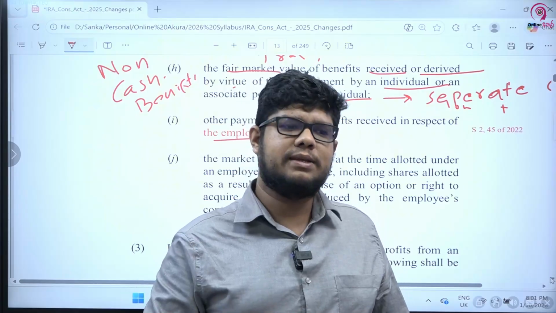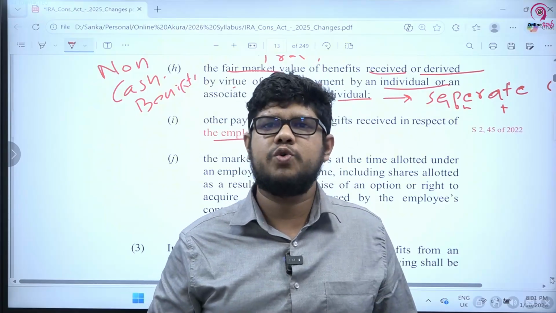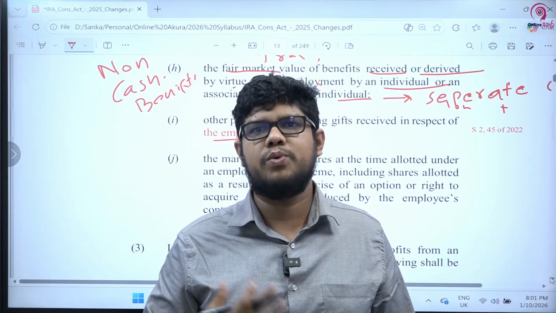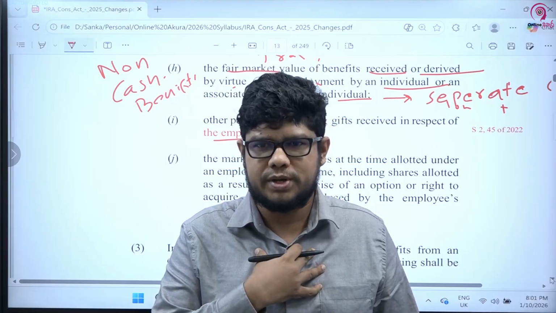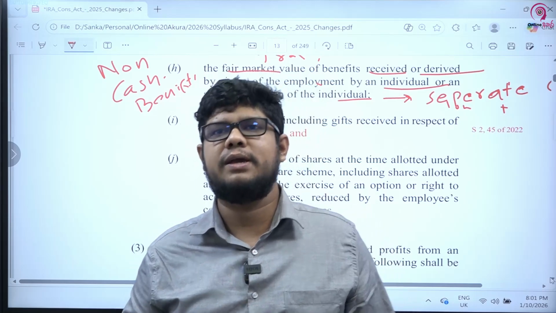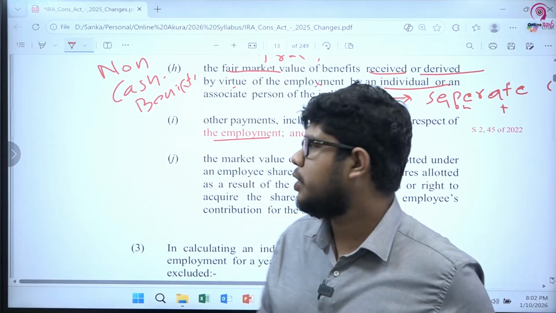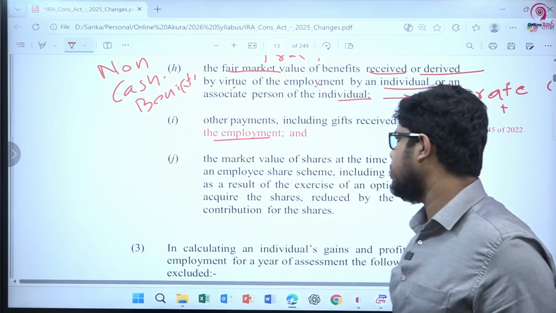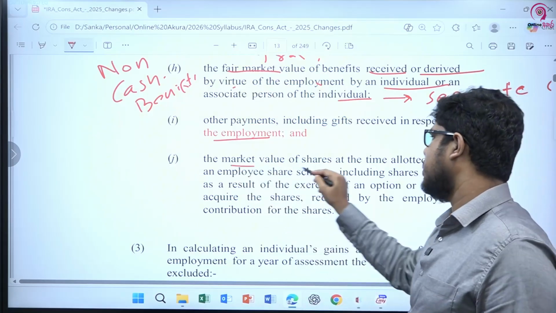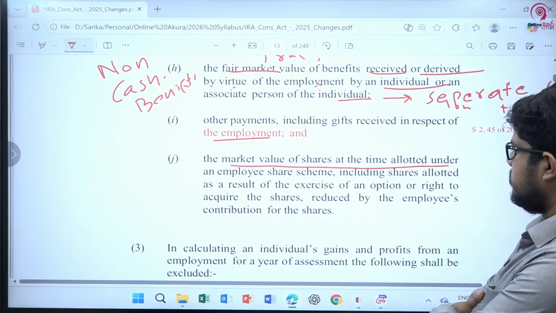Maybe each year they are giving you some financial award, top performer, annual award. You are receiving a gift from the employer. So that's also employment income that needs to be considered. This one we'll discuss.